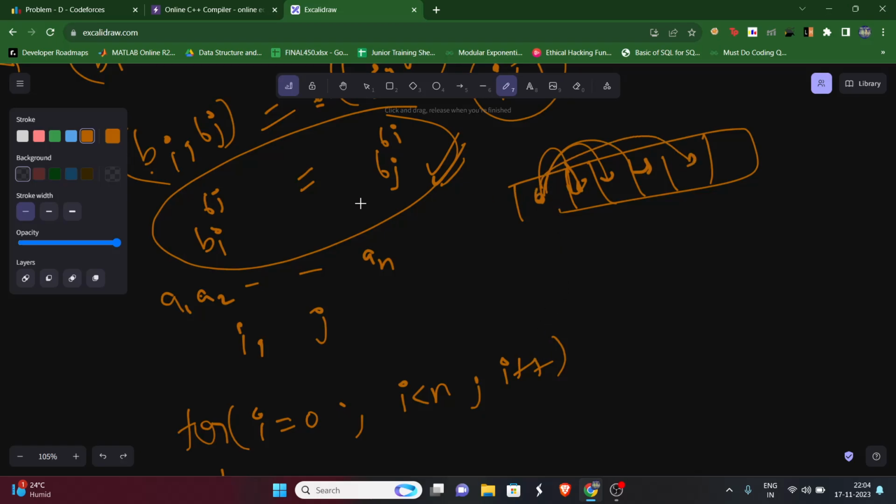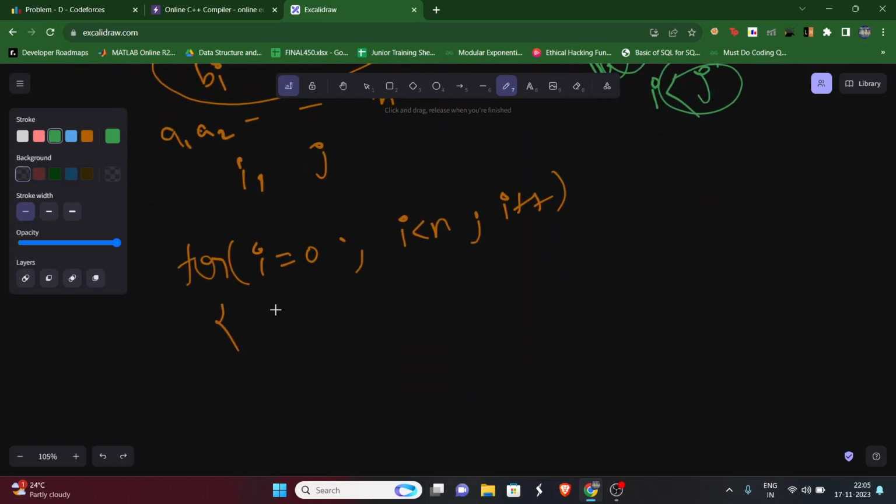Similarly, for the first position we can go with second, third or fourth, because i should be lesser than j. So we can run another loop inside it for j equals i plus 1, till j less than n, j plus plus.